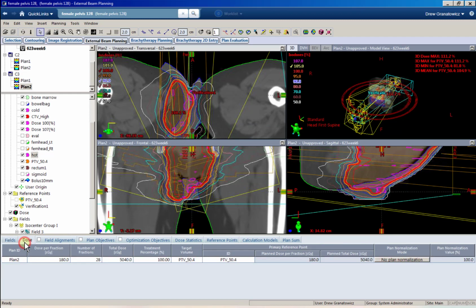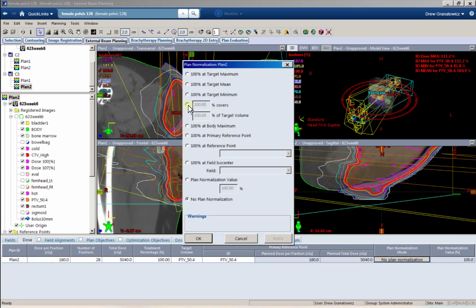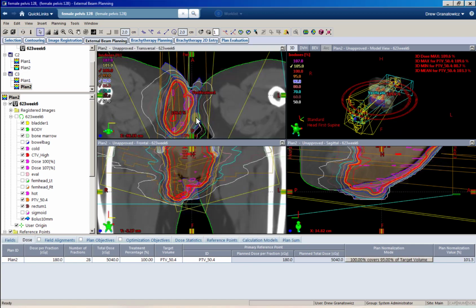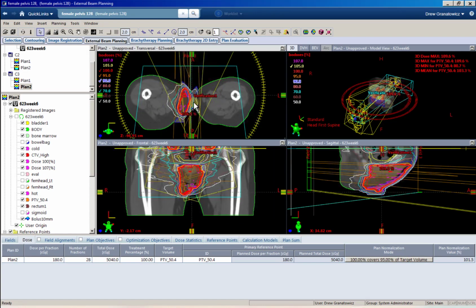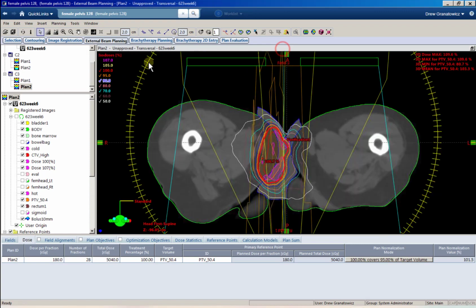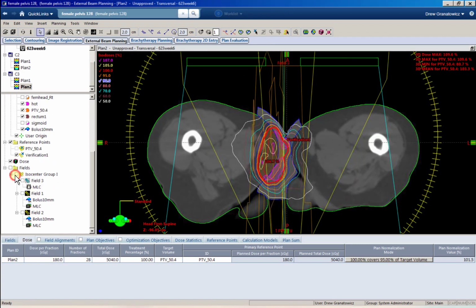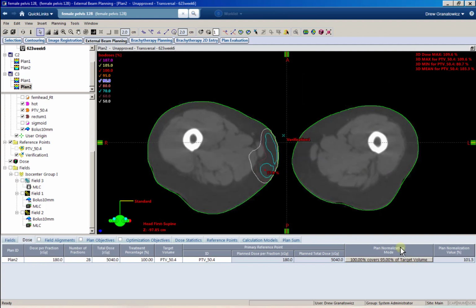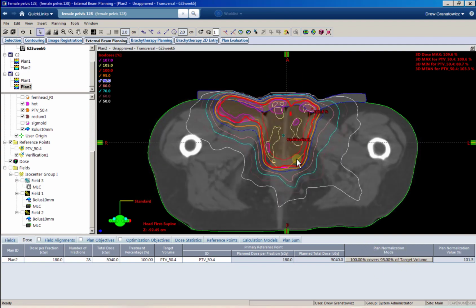All right, all done. Let's normalize again. Okay, as we scroll through, let's turn these lines back on. So we have the coverage we want. Let's turn these contours off.